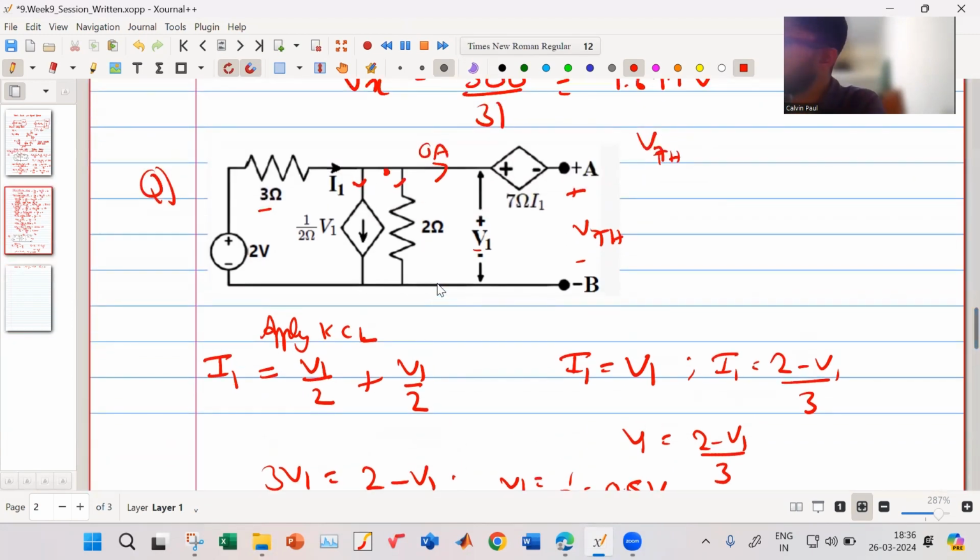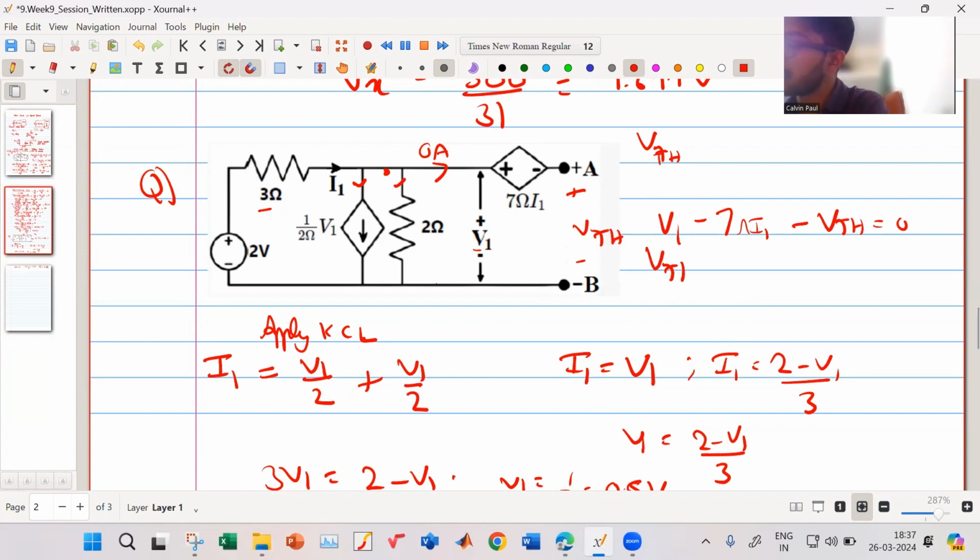Now what do we have to find? We have to find VTH. So to find VTH, what will we do? Applying the KVL. Apply KVL: V1 minus 7 I1 minus VTH equal to 0.